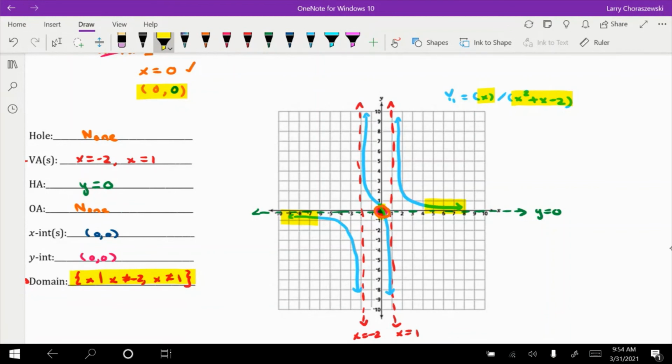Okay, so when we draw these branches, obviously, no crossing or intersecting the vertical asymptotes. But with regard to the horizontal asymptote, we're going to kind of flare the ends out and just make it look like we're going to hover along the x-axis without crossing or touching it.